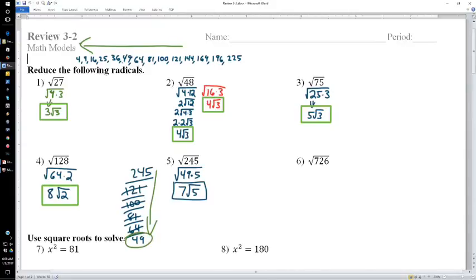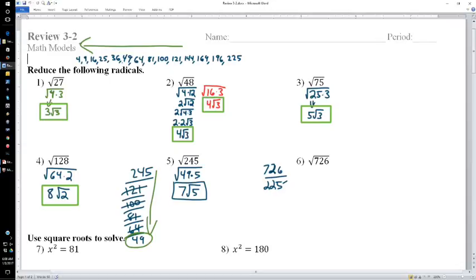Alright? Last but not least, 726. We're going to go through the exact same process. Since we can start big, I'll start with 225.